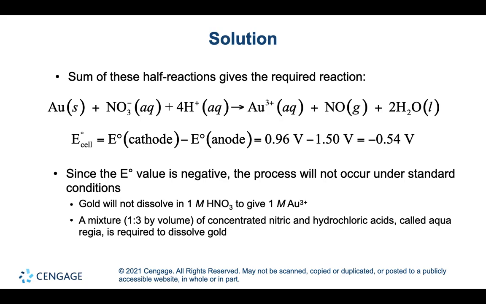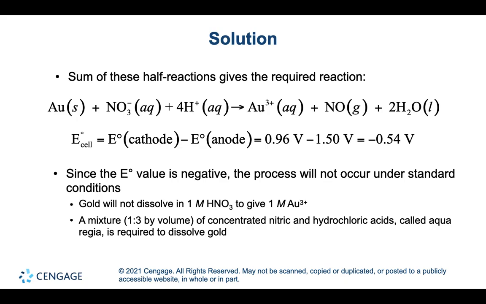However, just as an aside, you are capable of dissolving gold, but it needs to not be 1 molar nitric acid. It actually needs to be a 1:3 mixture by volume of concentrated nitric acid and concentrated hydrochloric acid. That's the mixture of acid that can actually dissolve gold metal and make it into ions.